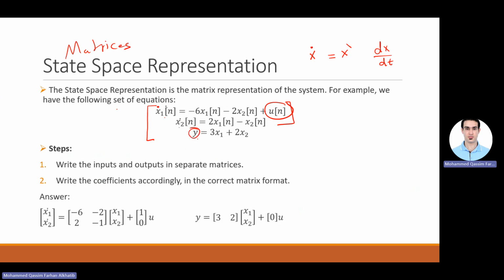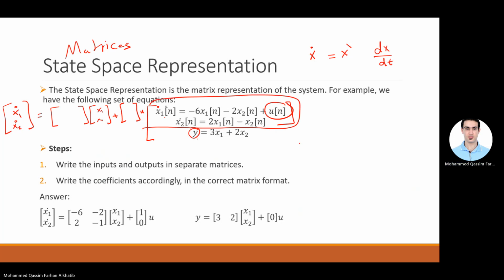So in both expressions here, x1 and x2 prime will be represented as some matrix multiplied by x1, x2 plus some vector multiplied by u. That's the first expression you are getting out of those.